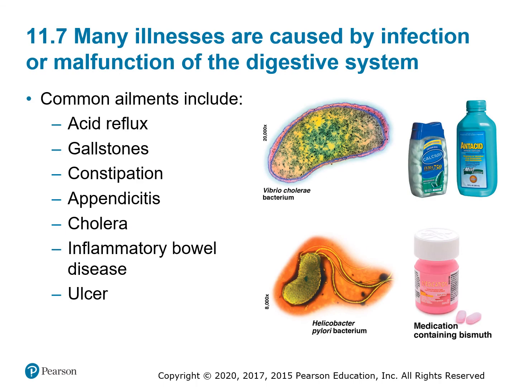All right, let's talk a little bit about some illnesses that are caused by infection or malfunction of the digestive system. So common ailments, one is acid reflux. I know a lot of people who have challenges with acid reflux, where basically food and the stomach acid kind of goes in the wrong direction, right?